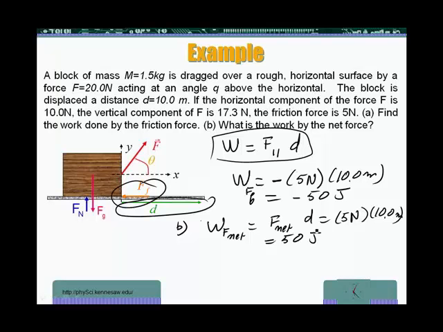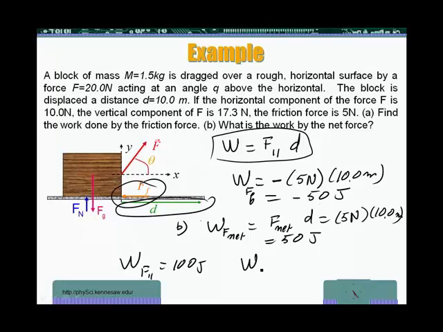One thing to notice here, we found the work due to F parallel to be 100 joules. The work due to the friction, minus 50 joules. The works due to all the other forces, we found them to be 0.